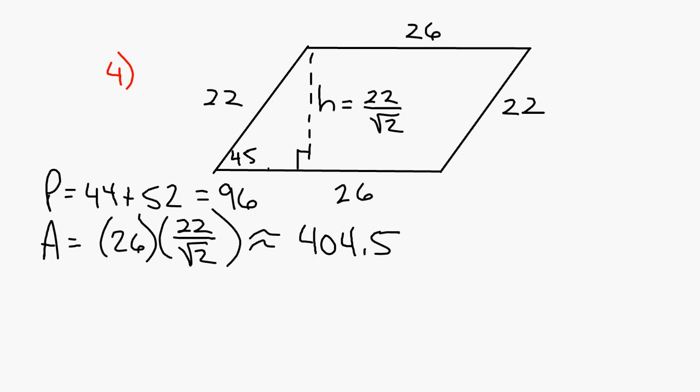Number 5. Five is just a square. You got 4 90-degree angles and you got 4 congruent sides. If one of the sides is 3.4, they're all 3.4.